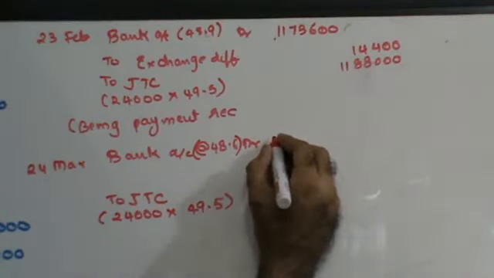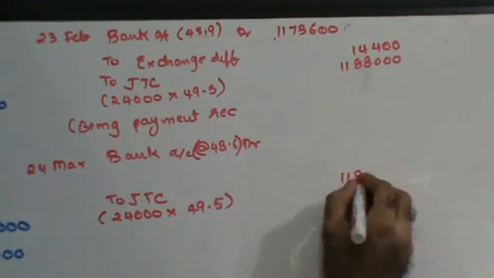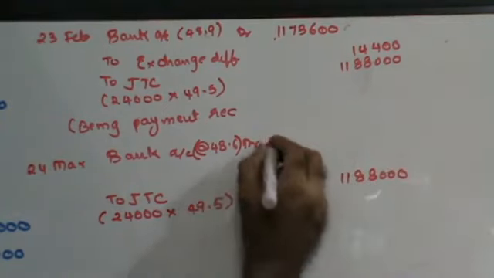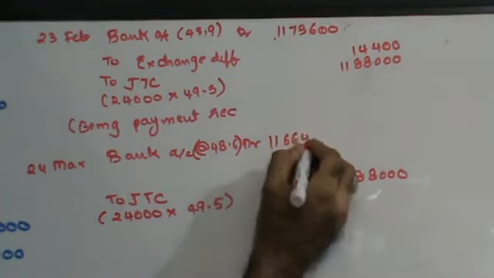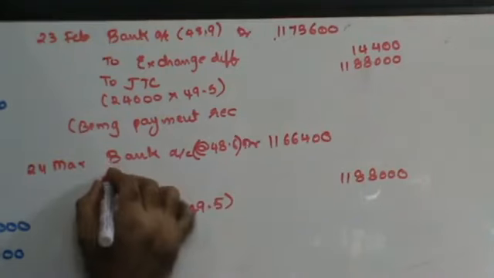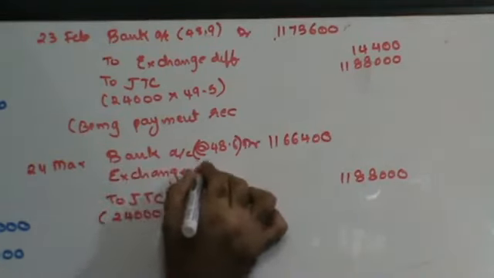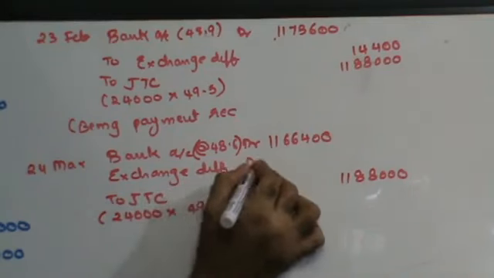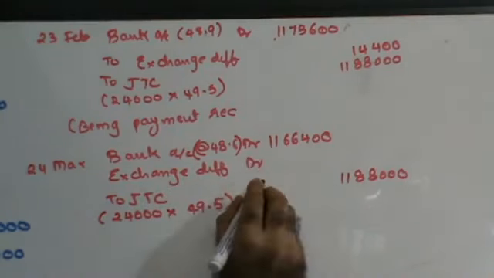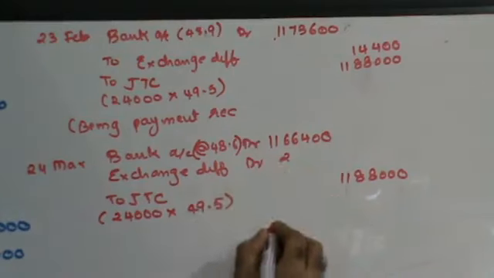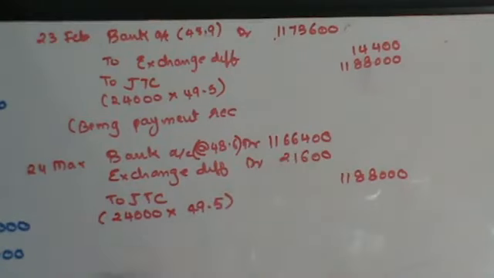That is JTC is 11,88,000 and that is 11,66,400. Right? This is going to be exchange difference account debit. Difference is 21,600. Right? Being payment received.